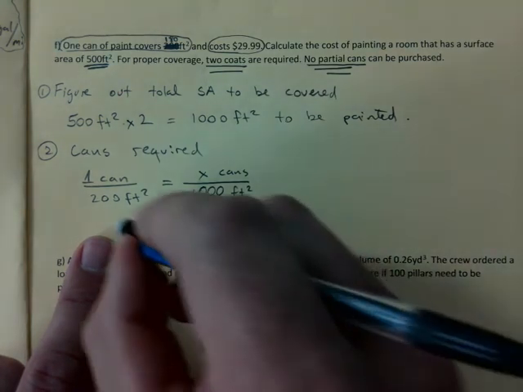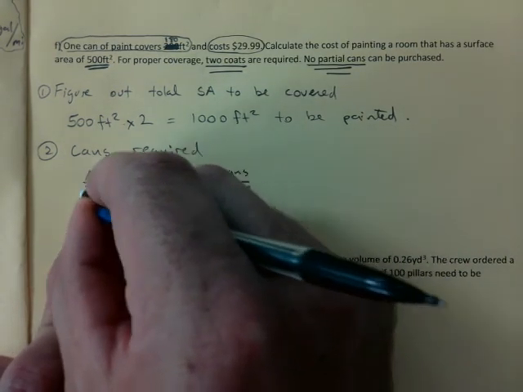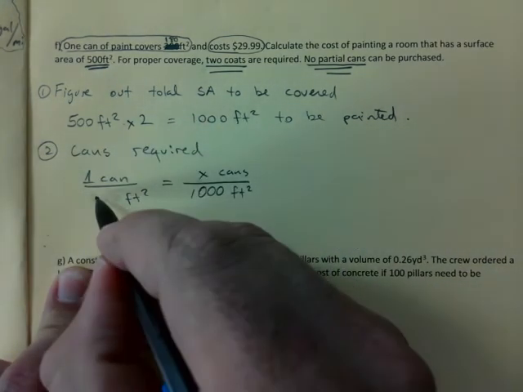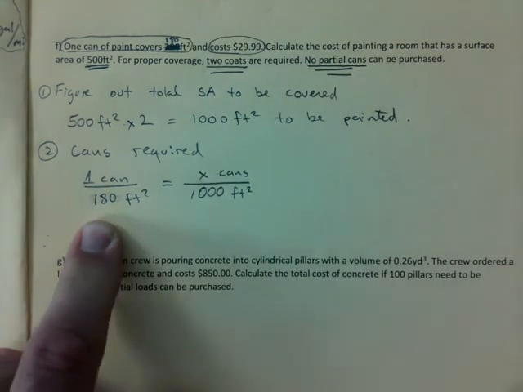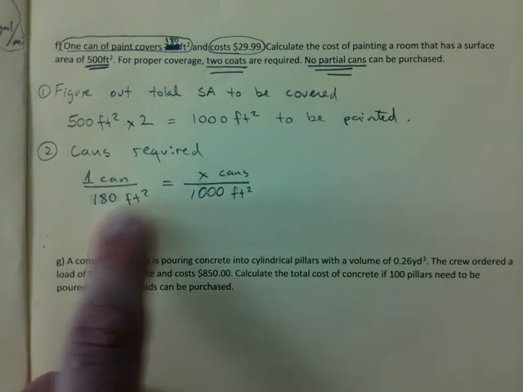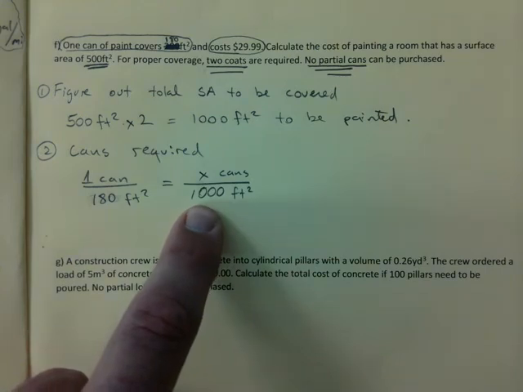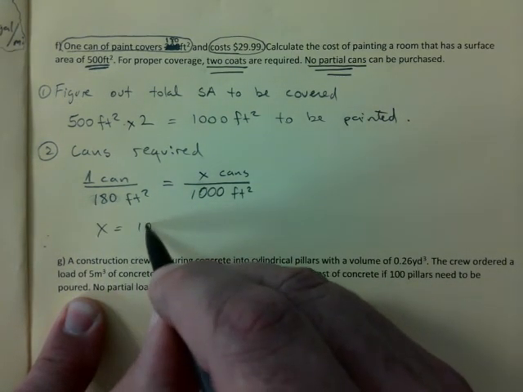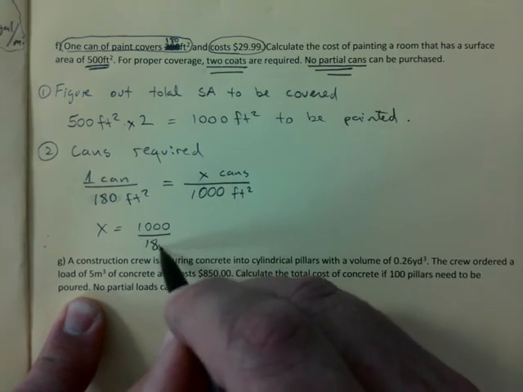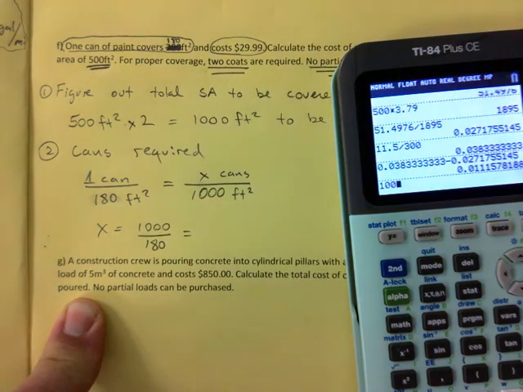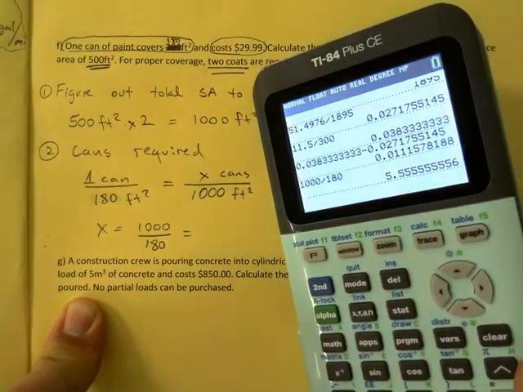So basically we're saying now, it's Monday, guys. Mondays and Fridays are bad, so you better make sure you have an eraser with you. 1 can covers 180 square feet. So how many cans will I need to cover 1,000 square feet? Cross multiply and divide, right? So it's 1,000 divided by 180. Let's figure out what that is. 5.555556.